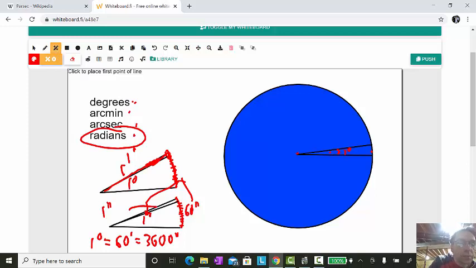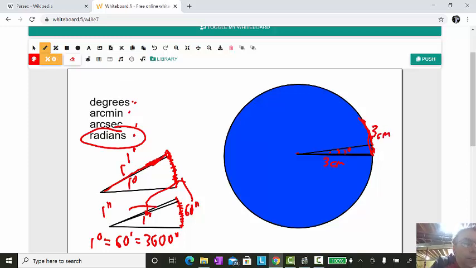So what is a radian? A radian is basically where you have your radius, and if you were a little bug and I asked that little bug to travel along the circumference of the circle at a distance equal to the radius. So let's say the radius is 3 centimeters. So the bug has to travel 3 centimeters.